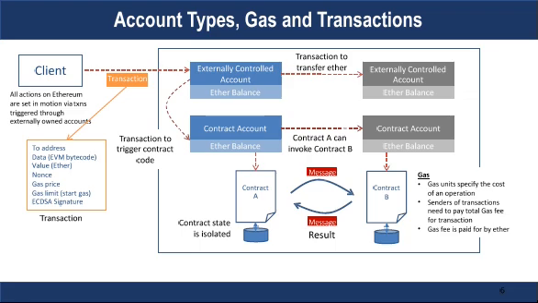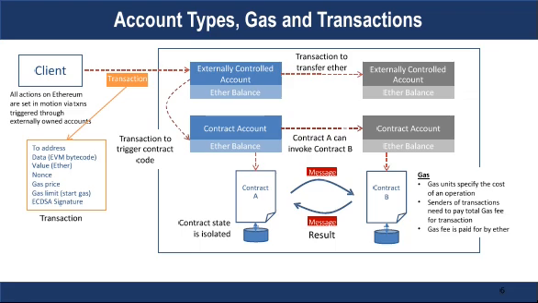The other kind of account that we have in Ethereum is called a contract account. This account is specifically used for smart contracts. Every smart contract will have a contract account, and it will have an address which is very similar looking to an externally controlled account's address.